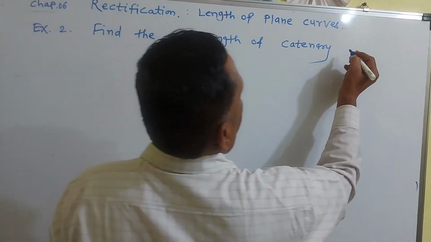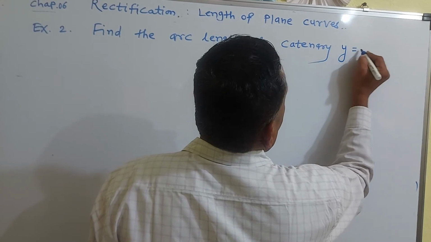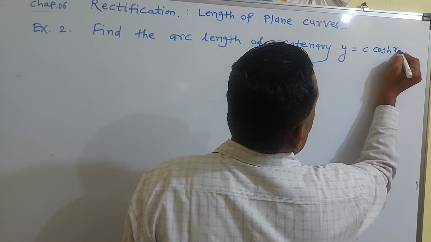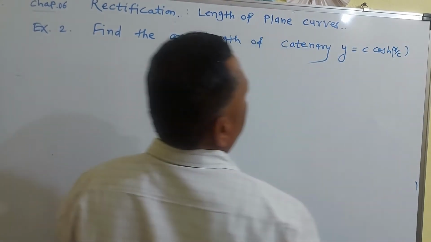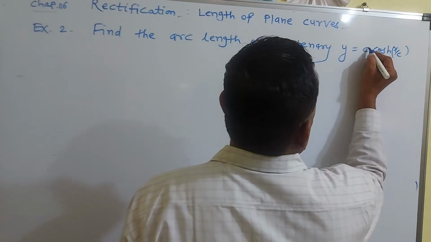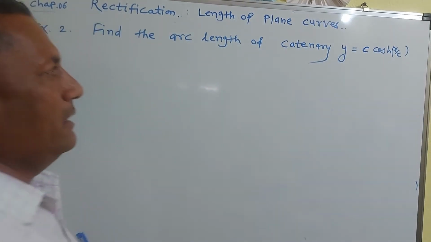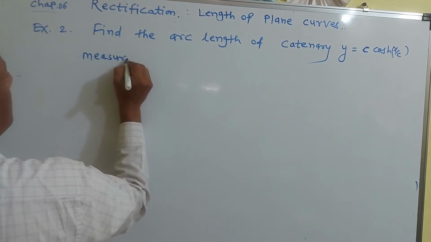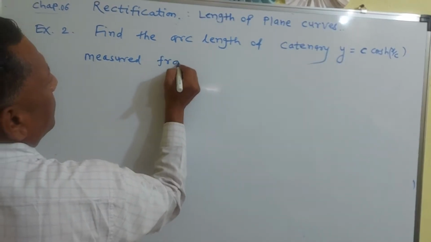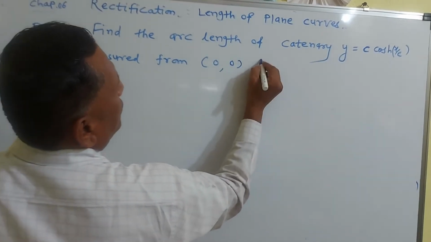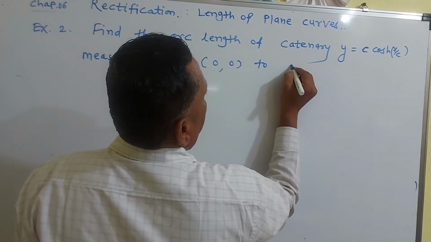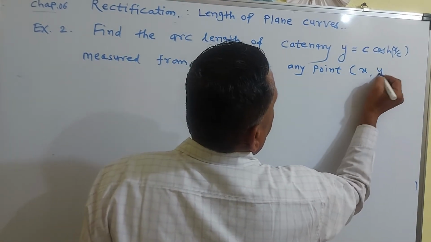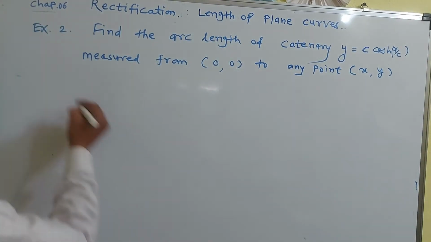So the catenary is y is equal to c into hyperbolic cos of x upon c, measured from 0, that is the origin, to any point. So you take any point x1. Solution.